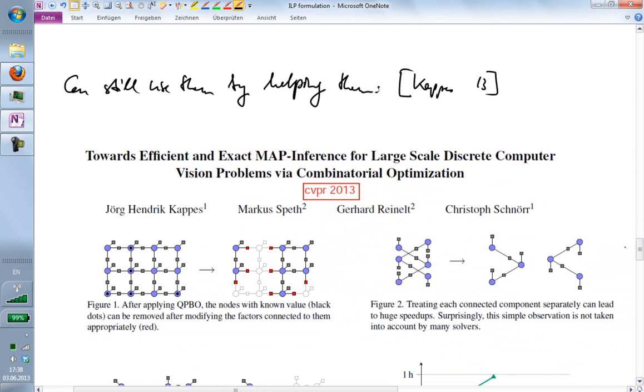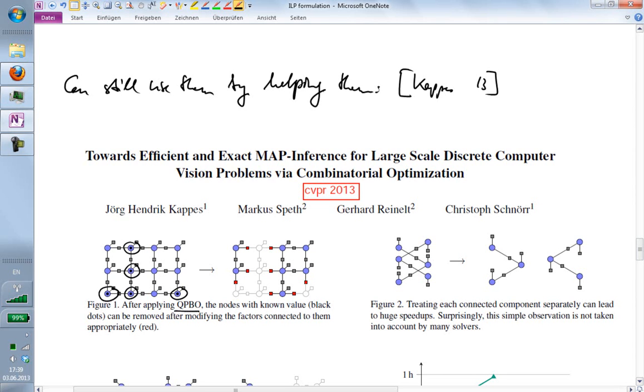And they do that as follows. There are a couple of methods like QPBO that give you so-called partially optimal results. So if you look closely, you see a couple of black dots here, and QPBO could give the definite answer for these pixels.